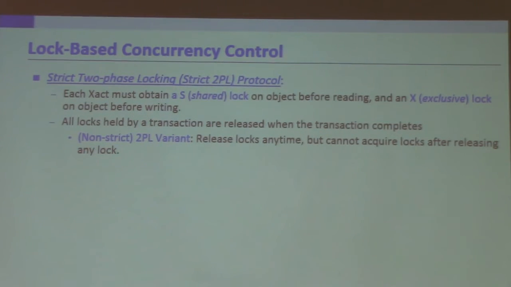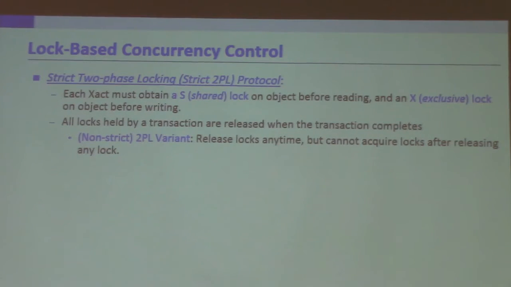Well, the point is, the first version says you release locks all at the same time. You may have hundreds of locks. You release all of them at the same time. The second version says, you know what? As long as you have acquired all the locks you need and you're done with some of your locks, you can release those first while holding on to some other locks.